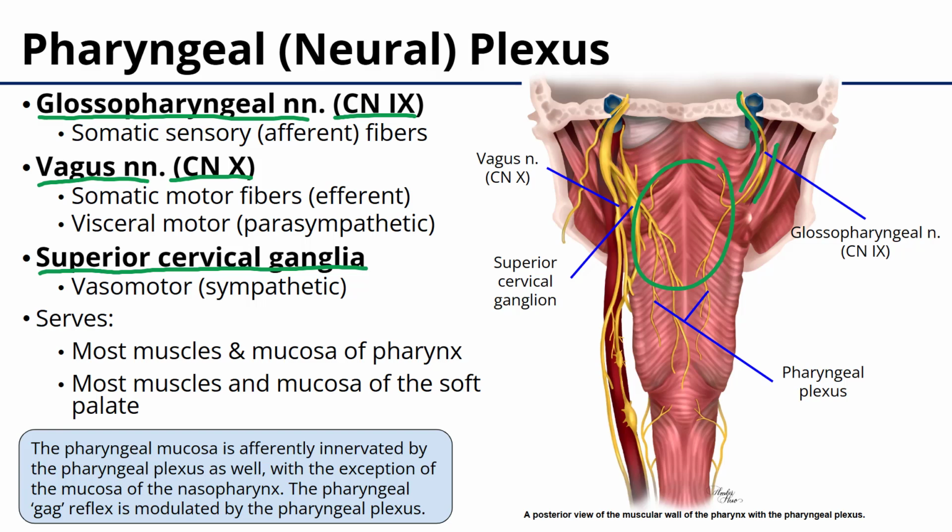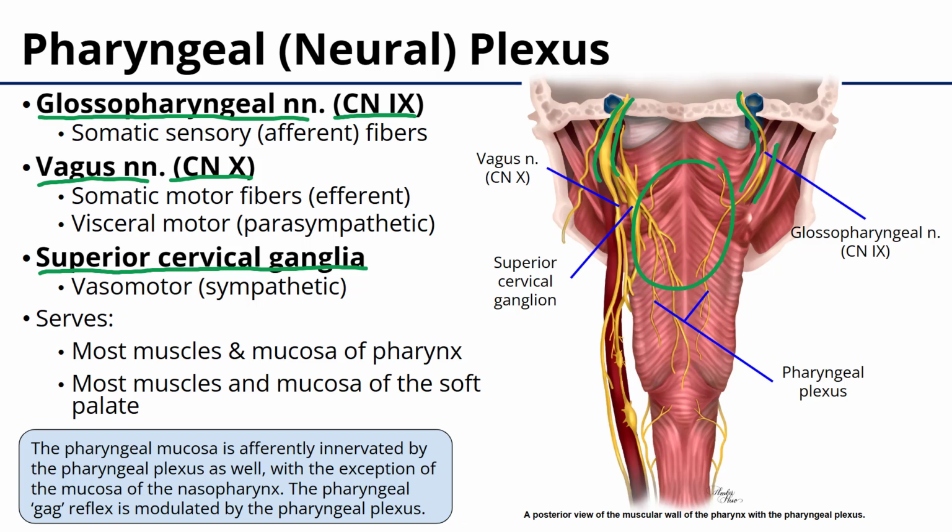The vagus nerves are the major motor drivers of the pharynx. The vagus nerves are also going to exit through the jugular foramen and participate in that pharyngeal plexus. So not only are they the major motor fibers, but they are also the providers of the visceral motor fibers, or the parasympathetic to the mucosa of the pharynx as well.